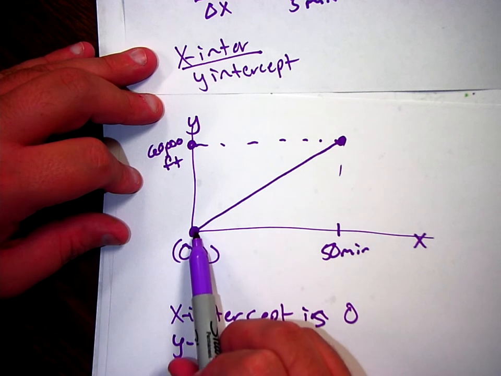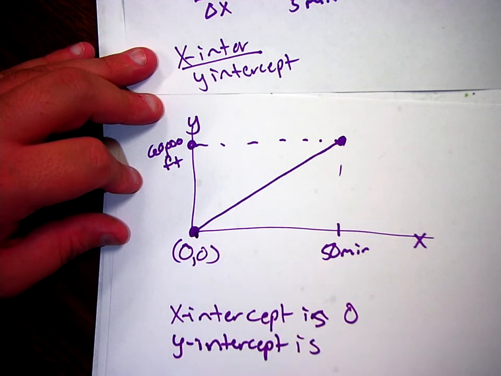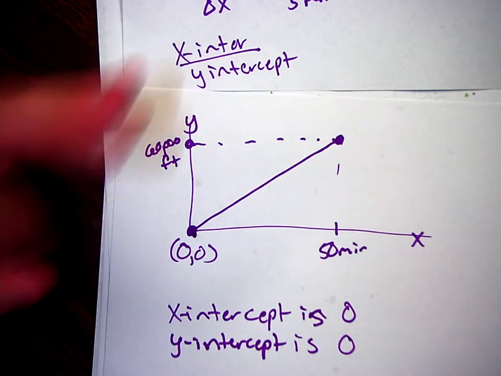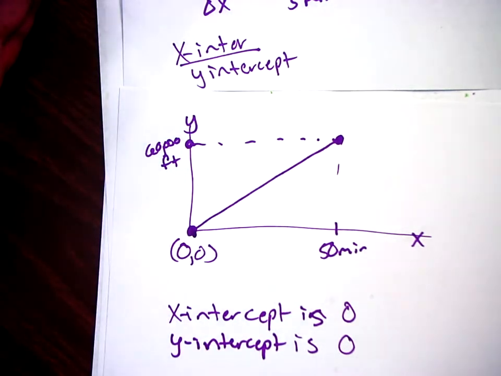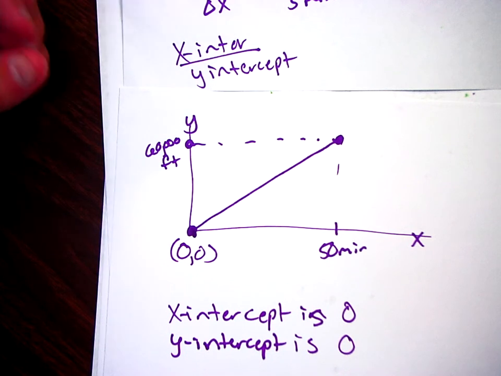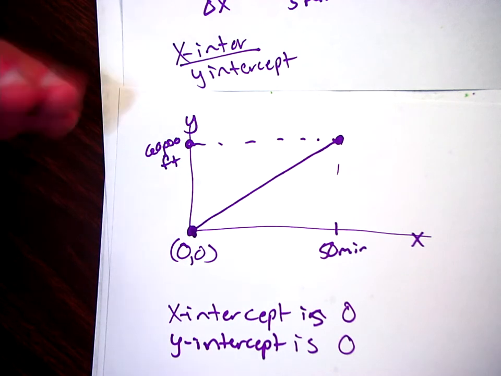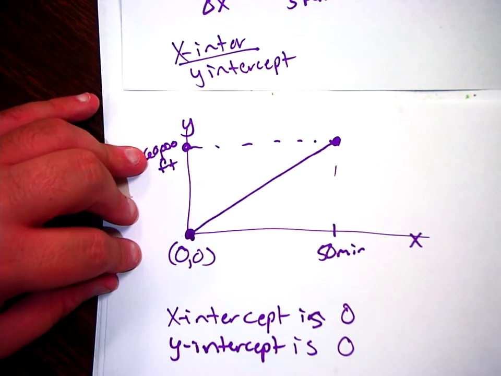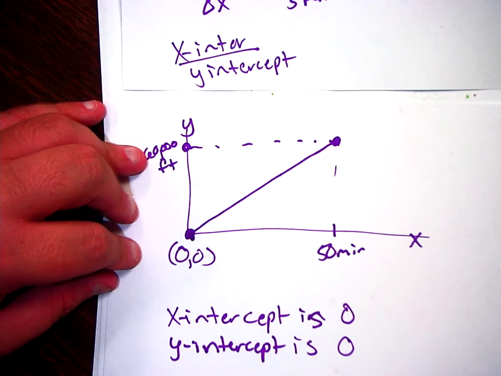Right there at 0, 0. So our y-intercept is also 0. When you get situations like this, where you start at the origin, 0 time, 0 feet, your x and y-intercepts will be the same point, 0, 0. That's okay. It just means that we have a really distinct starting point for this. Not a problem. And there are all of the key features for that situation.